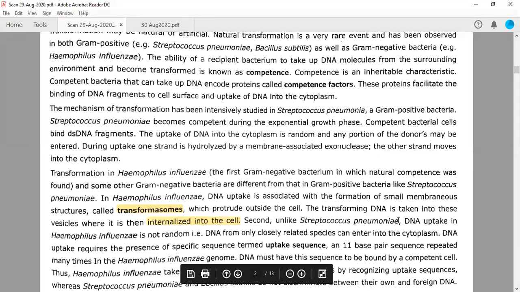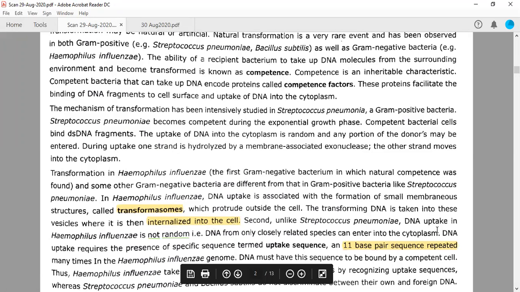Second, unlike Streptococcus pneumoniae, DNA uptake in Haemophilus influenzae is not random. So in gram-positive bacteria, it can be random, but in gram-negative bacteria, this is not a random process. This is a very selective process. Why is this selective? Because a gram-negative bacteria has an uptake sequence, an 11 base pair sequence repeat.